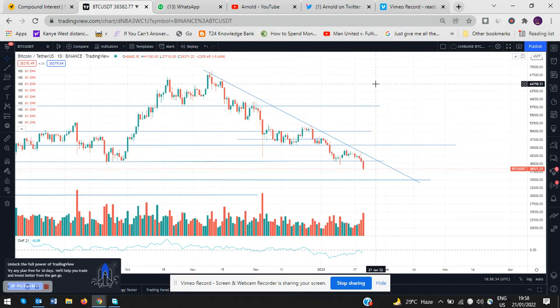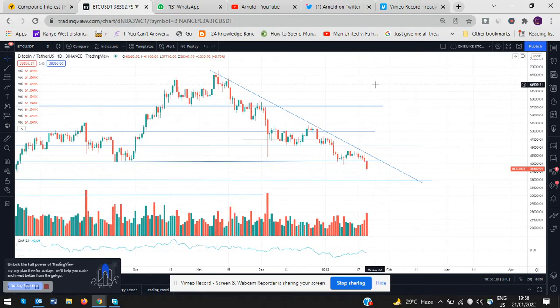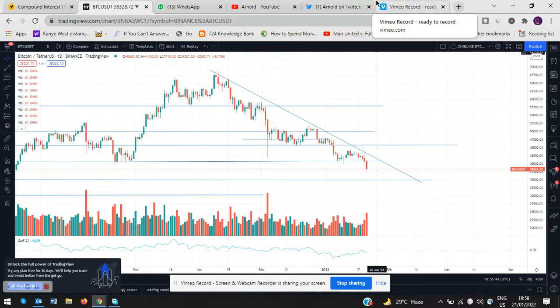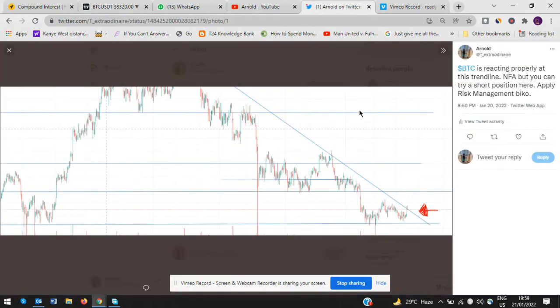How do you get good setups? What can help you improve your trading and your ability to spot some of these setups? I'm going to show you a tweet I put out just before this happened. This dump happened, the dump that everyone started shouting about, but this was a tweet I put out.